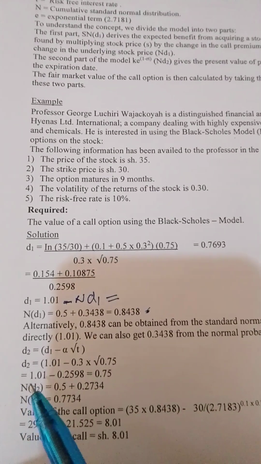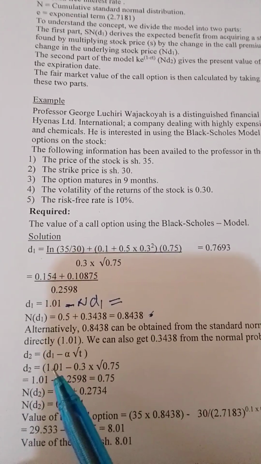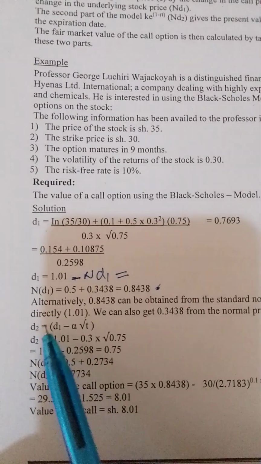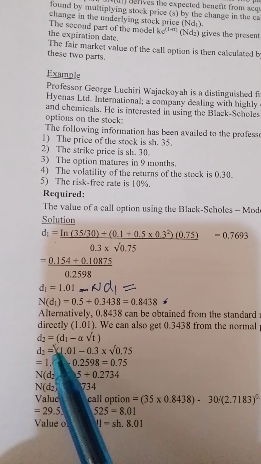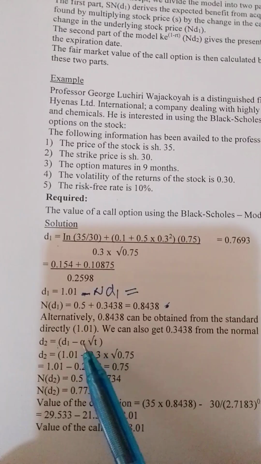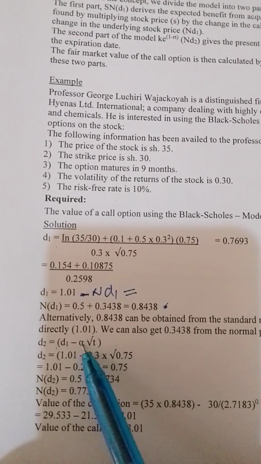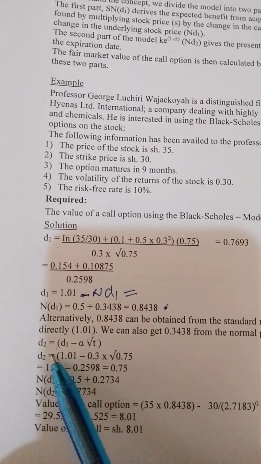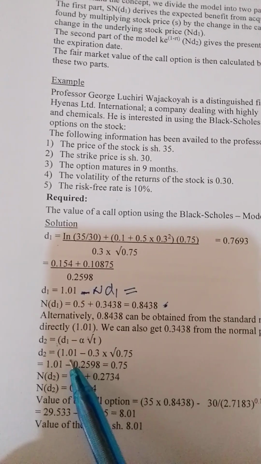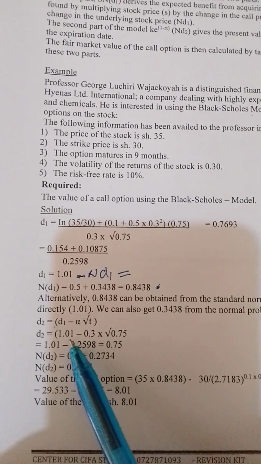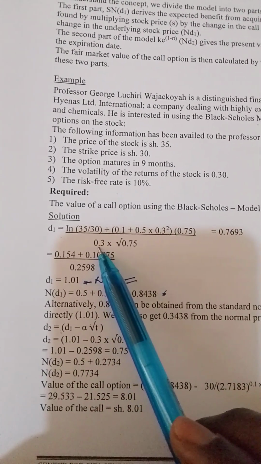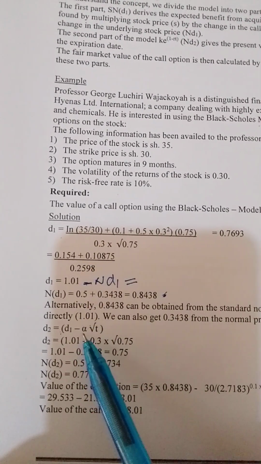Then, after you get ND1, you calculate D2. You calculate D2 here. D2, the formula is D1 minus this one, the square root of that. So D2 now, you just substitute D1, you have 1.01 minus this 0.3, you just substitute here.